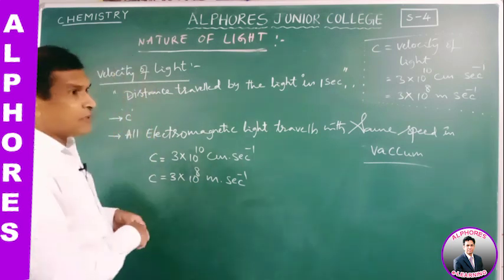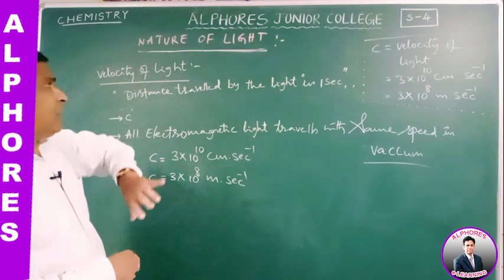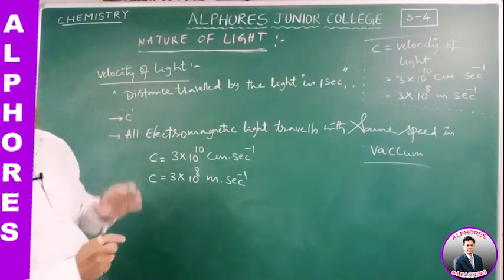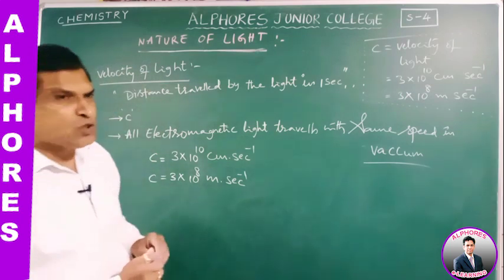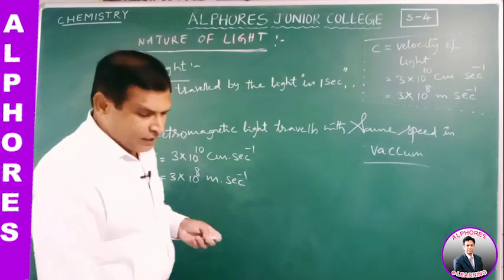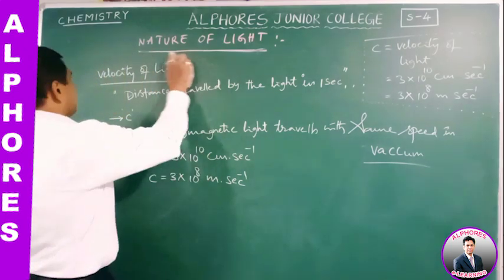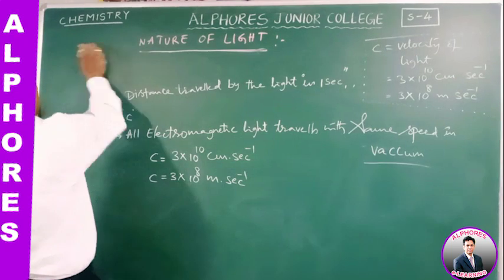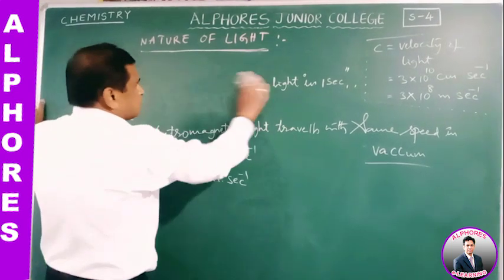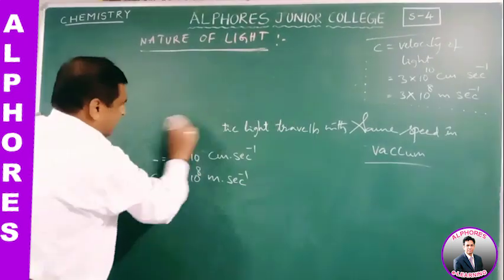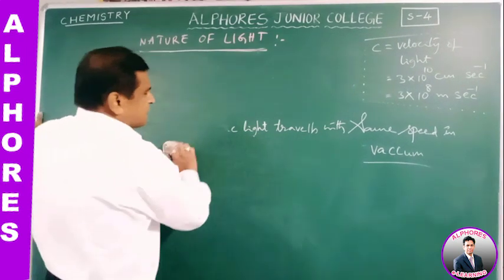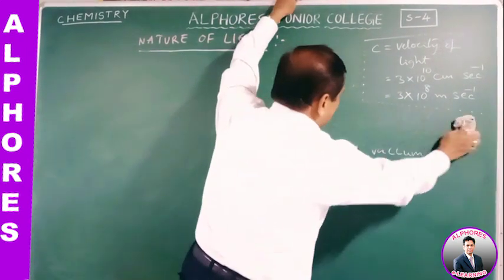Now we completed the velocity of the light, and coming to the last one, amplitude. Next property is amplitude. But see this velocity of the light.